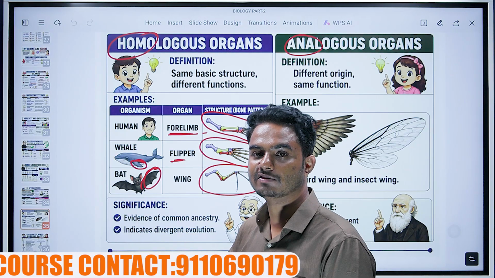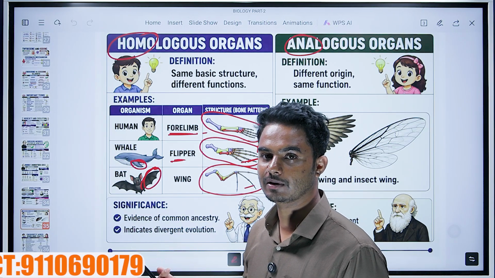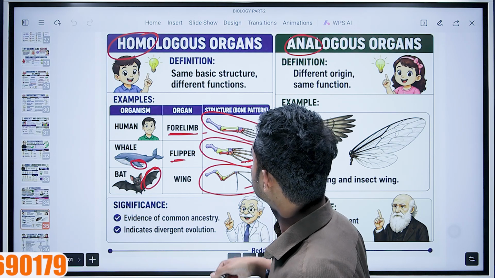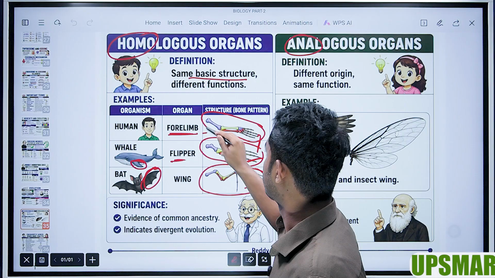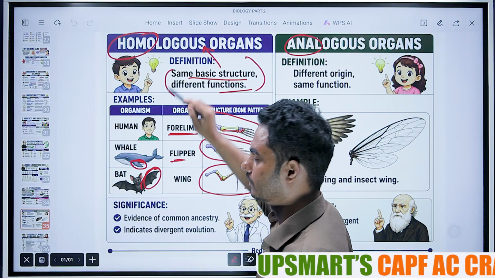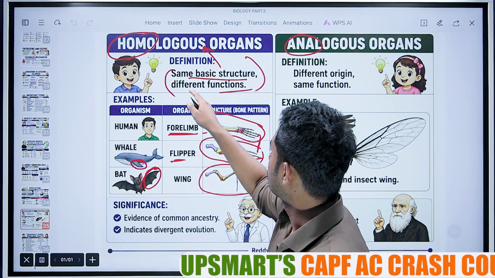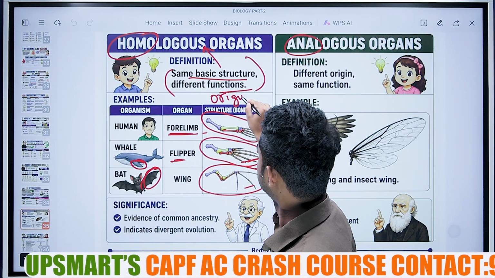Then how is it similar, sir? The bone structure is similar, function is different. That is homologous. Same basic structure. Basic structure is the same, but different functions. These are called homologous. Easy. The origin is also the same. Origin plus structure.